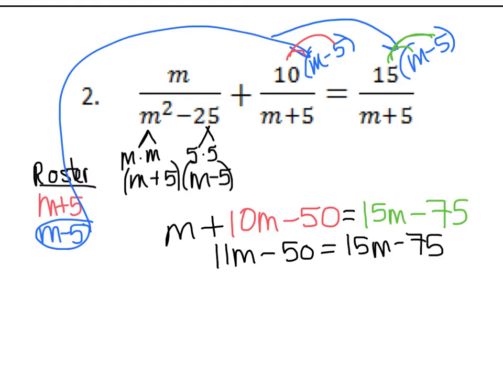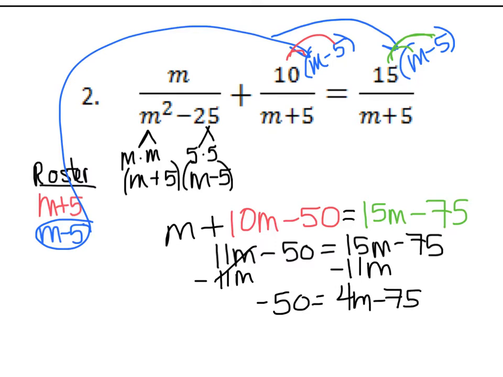And now my like terms are on opposite sides. So I'm going to move the smaller one, which is the 11m. And since it's positive, I'm going to move it by subtracting it. The 11m's cancel, so I'm left with negative 50 equals 4m minus 75.